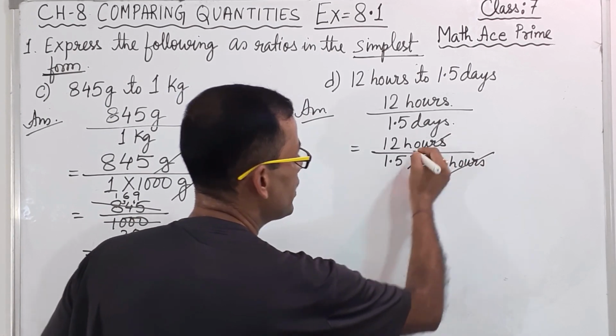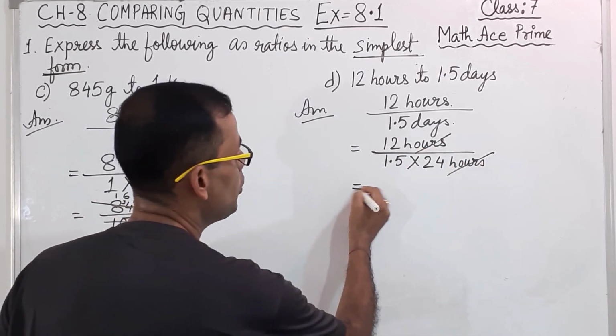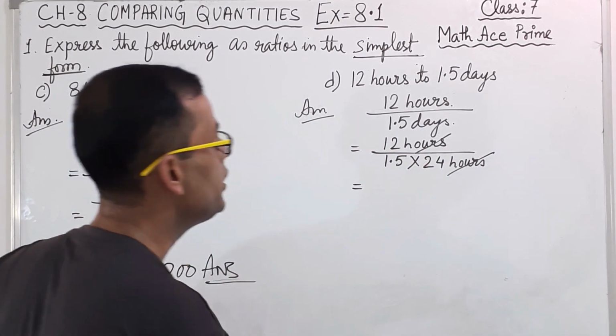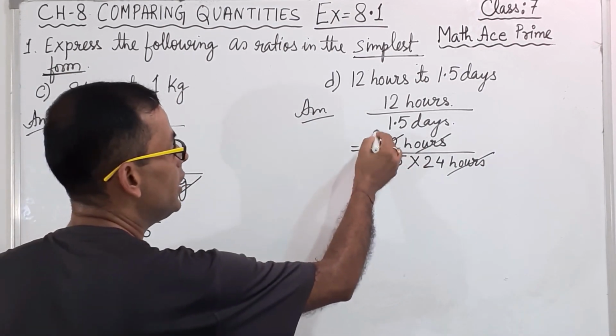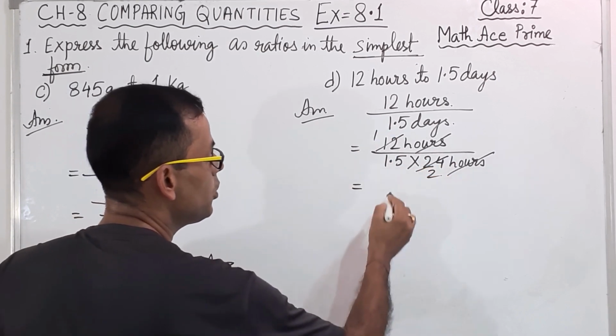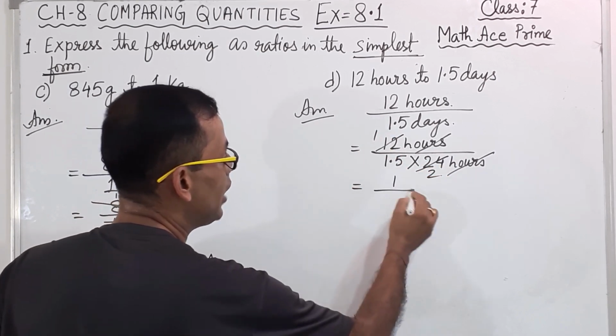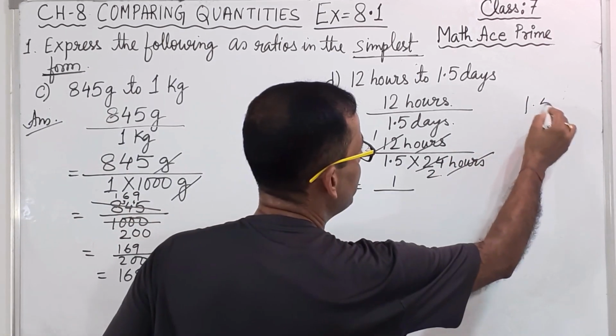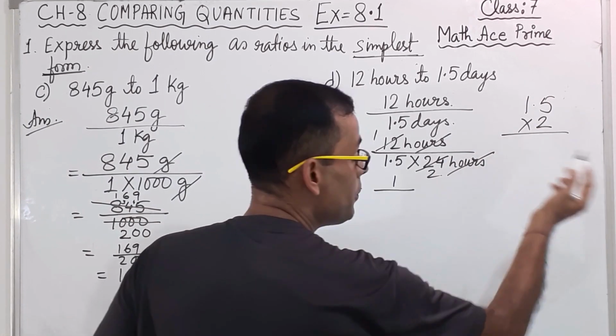Now hours and hours will cancel. Now what you can see, upside 12, downside 24. You can cancel: 12 ones are 12, 12 twos are 24. So upside is 1 and downside is what? 1.5 into 2. So 1.5 into 2 gives 3.0.